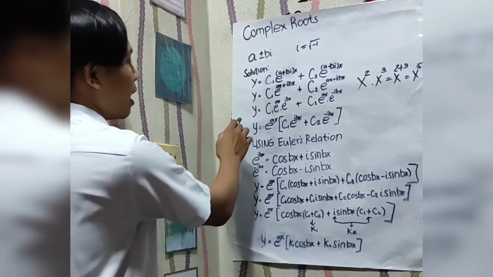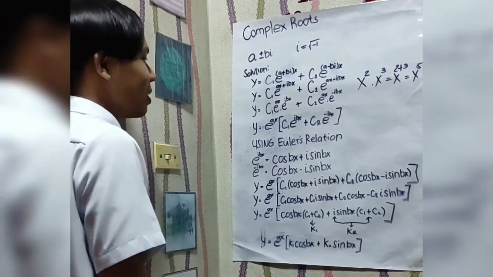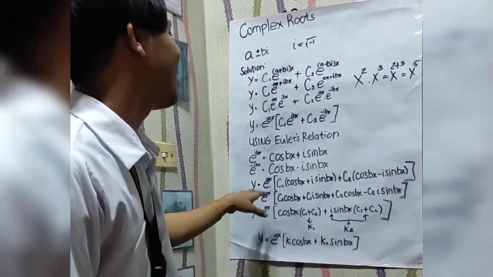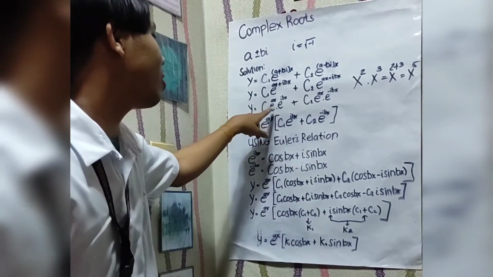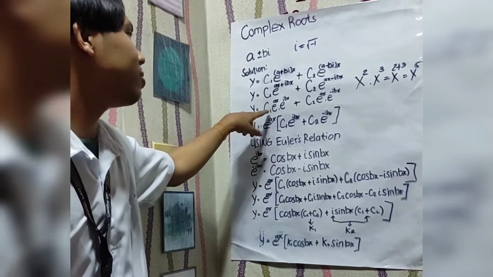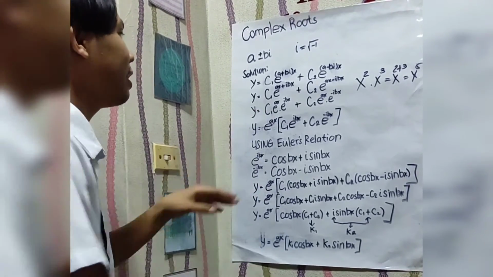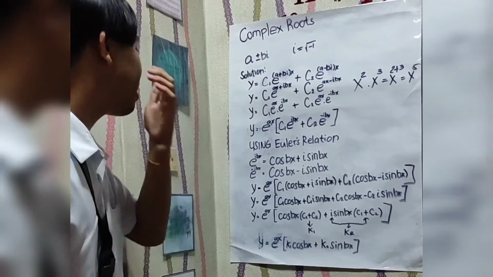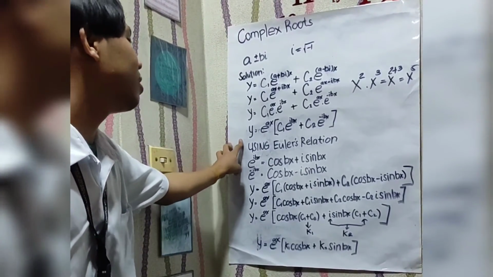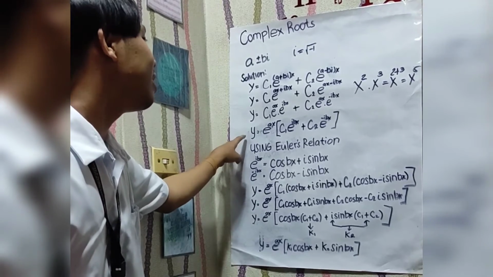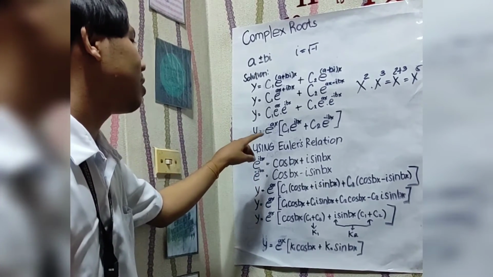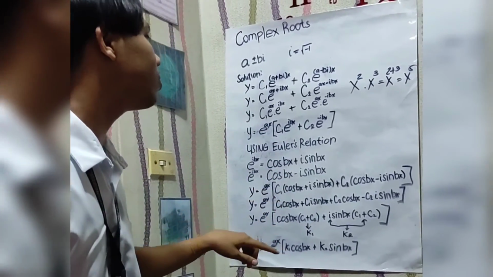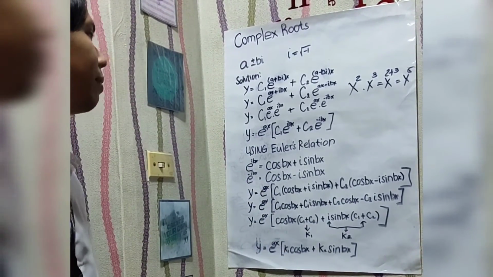So y equals c1, since I separated it. Now we can factor out e raised to ax, because it is common. The result is y equals e raised to ax times the quantity c1 e raised to ibx plus c2 e raised to negative ibx.